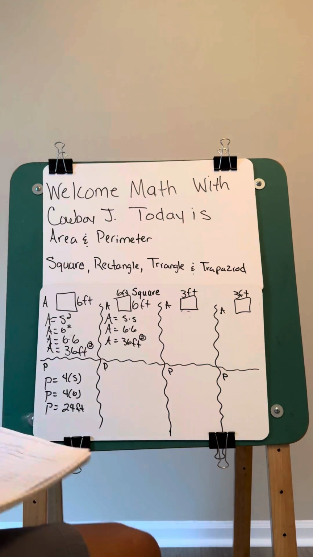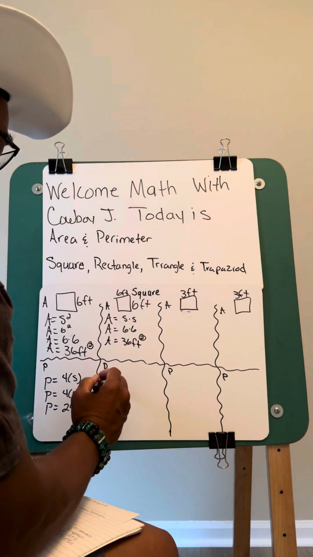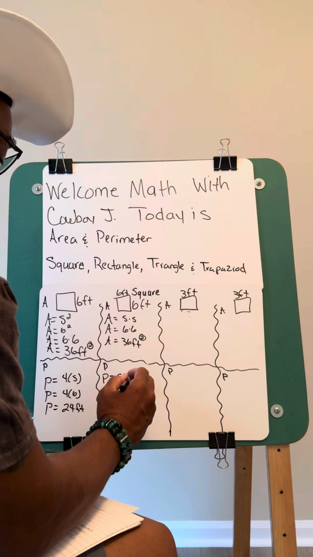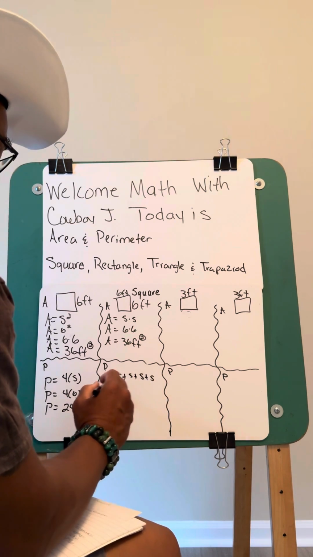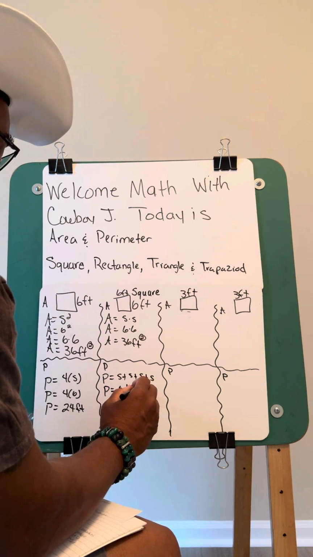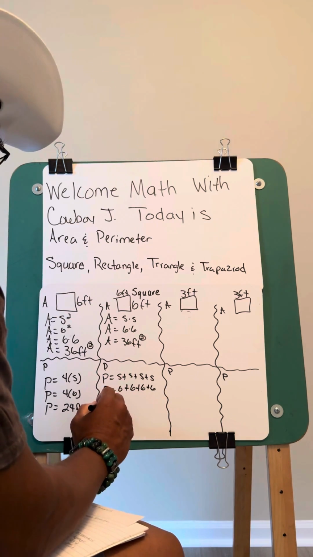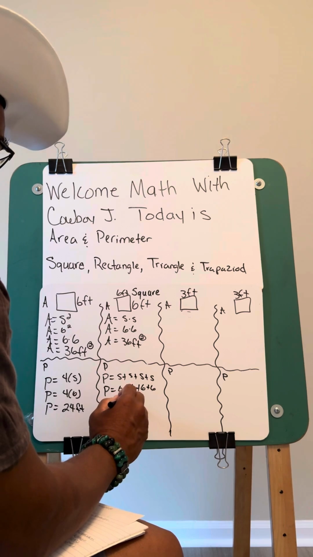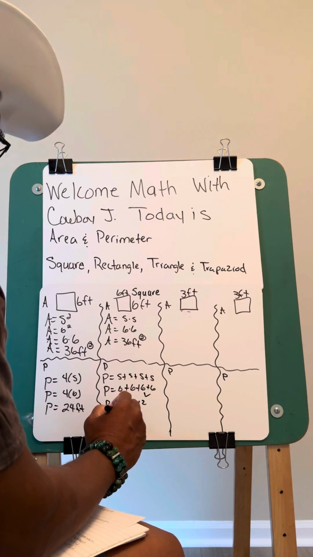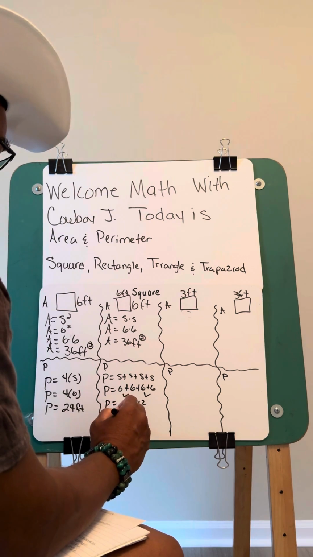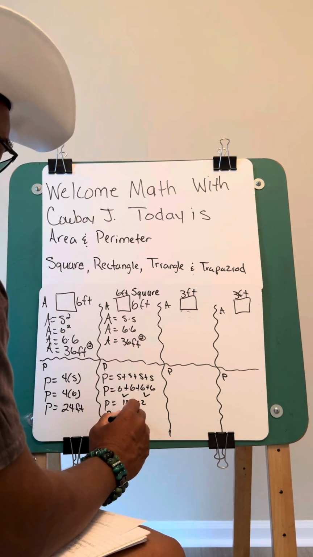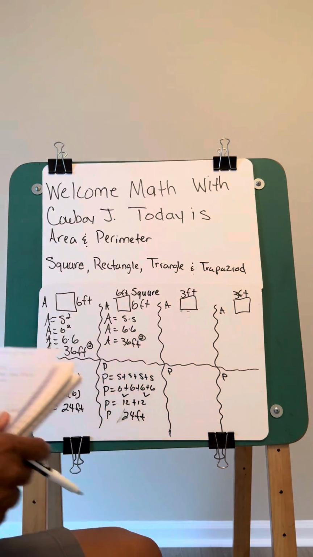And for the perimeter, if this confuses you, you can always do P equals S plus S plus S plus S. So P equals 6 plus 6 plus 6 plus 6. P equals 12 plus 12. P equals 24 feet.